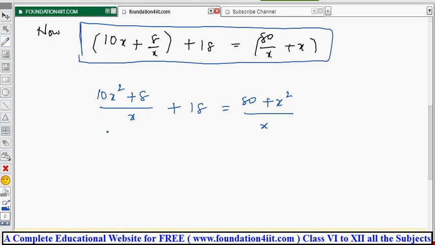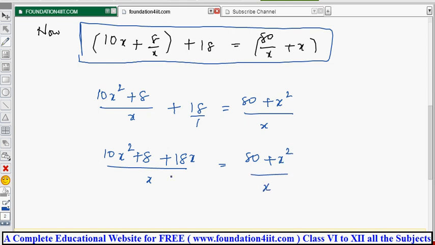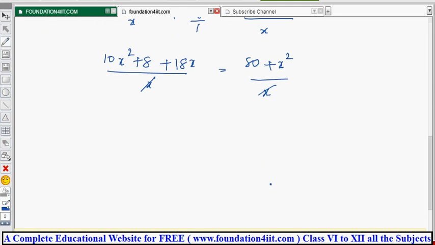With more simplification, 10x square plus 8 plus 18x, because 18 is 18 by 1, divided by x, is equal to (80 plus x square) by x. So the x and x cancel in the denominators.